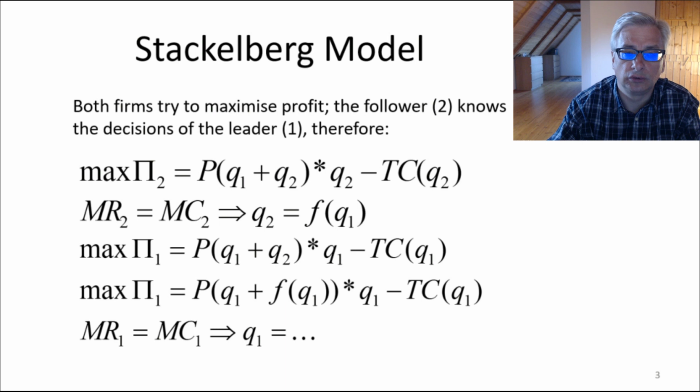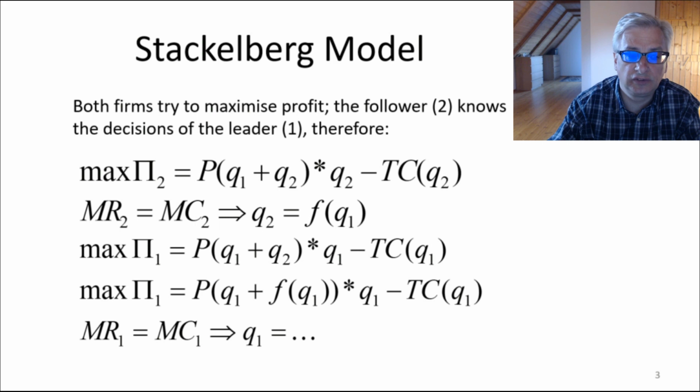Total revenue is P times Q. So for the follower, it's the price that is in the market, P, times Q2, the production of the follower. But the price that is in the market depends on the joint production of the first and the second player. Both leader and follower influence the price with their production, as you remember from our previous lecture.